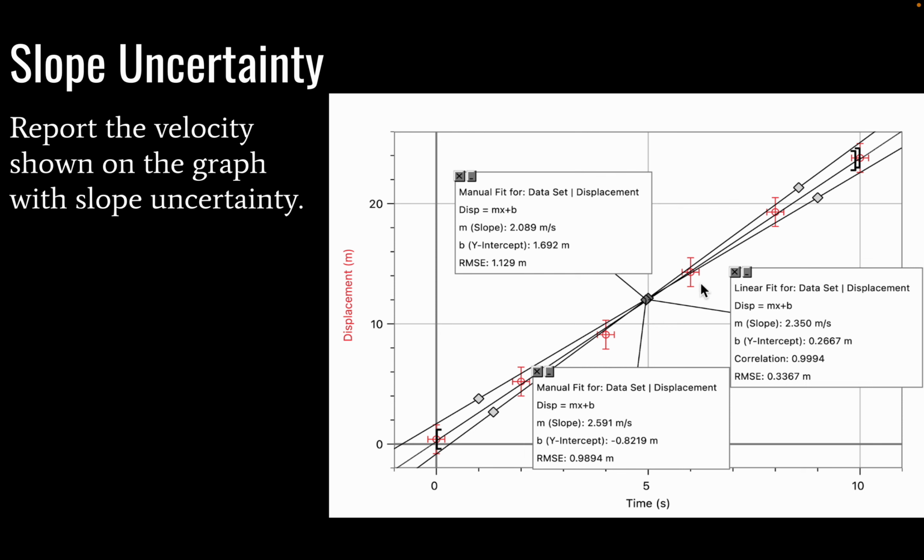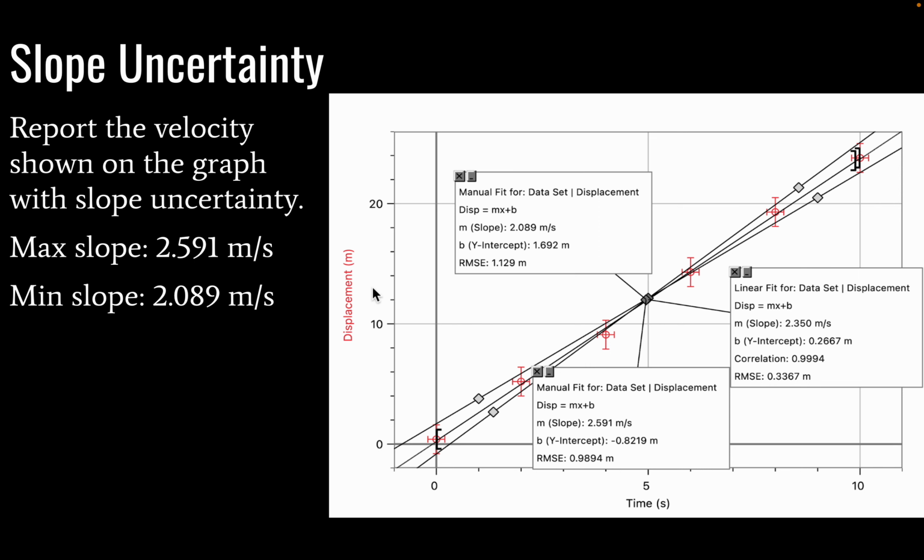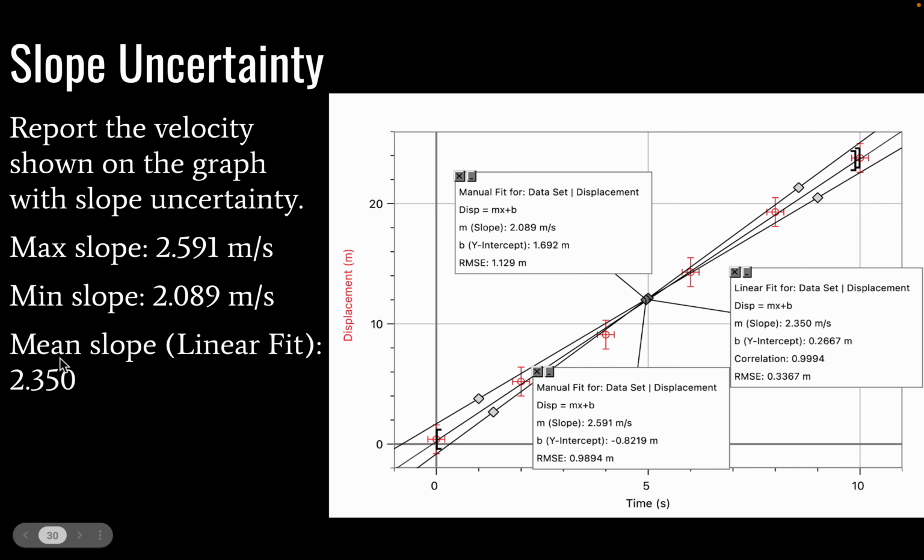Okay, so we're going to do an example calculation here. We're going to report the velocity shown on the graph with slope uncertainty. So the way that we're going to do that is pull our maximum slope right here and our minimum slope off of these manually fitted lines. And then our mean slope is from the linear fit.